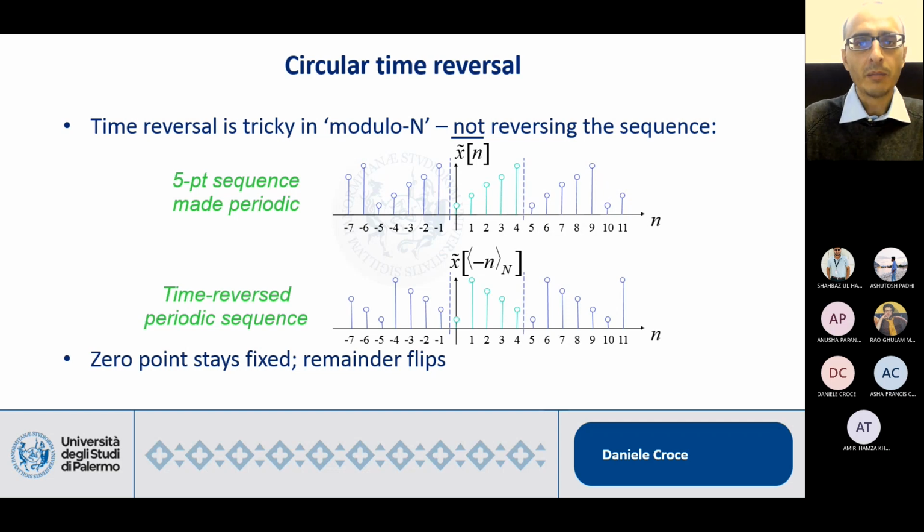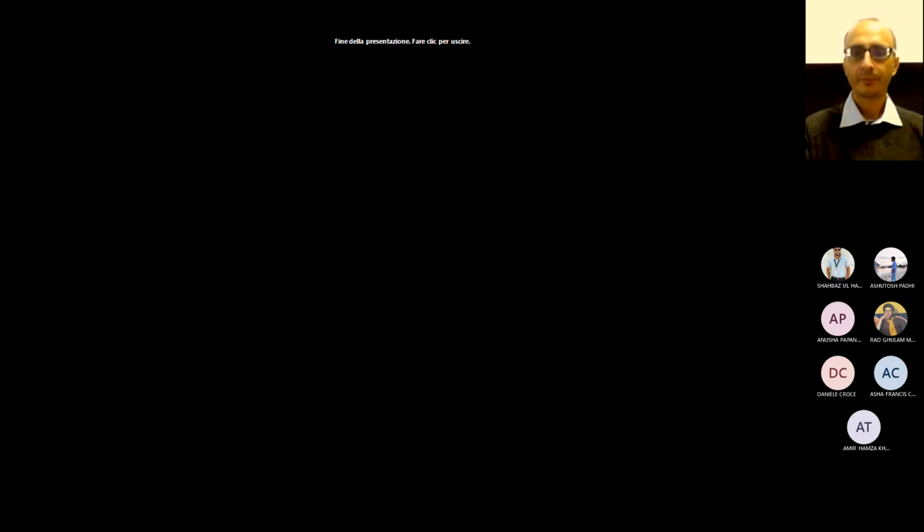You do the repetition, but when you reverse this sequence, all the other points change except the point at 0. So the 0 point stays fixed and the others turn around. So be careful when you do time reversal in modulo N. This is something that will be important later. Are there any questions up to now?